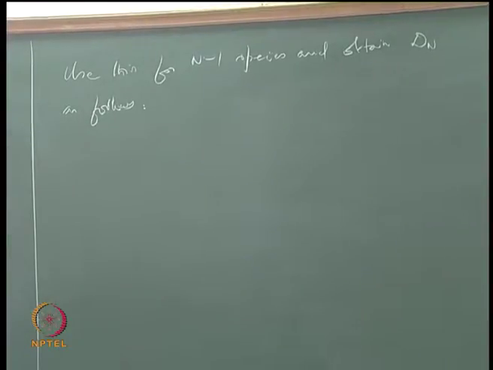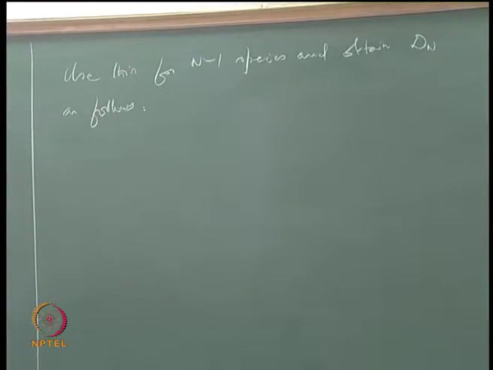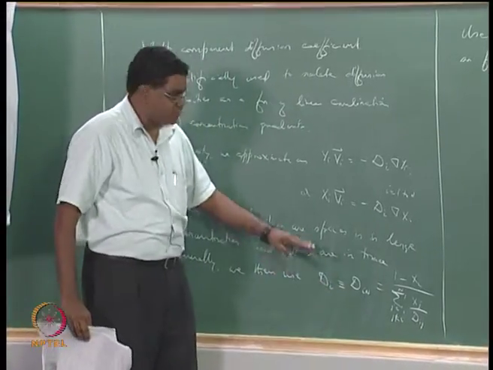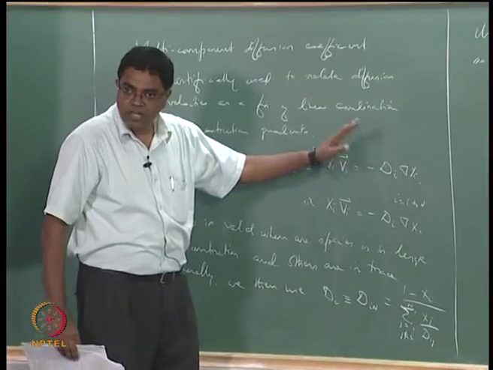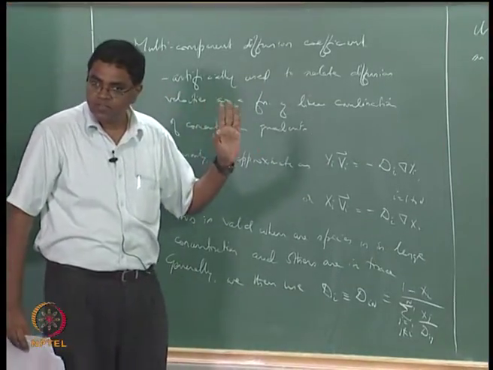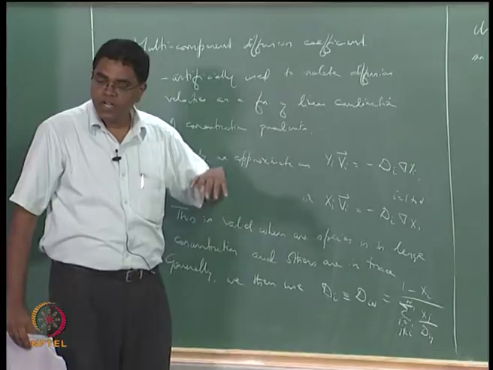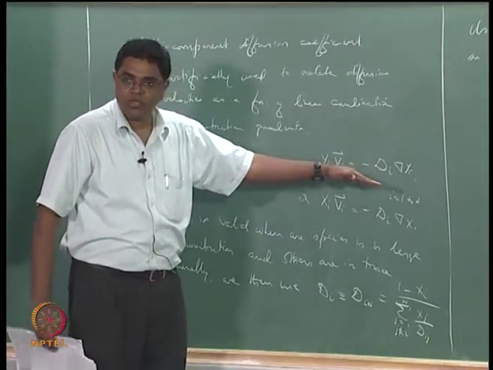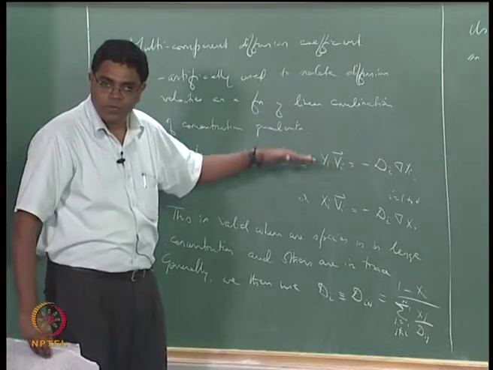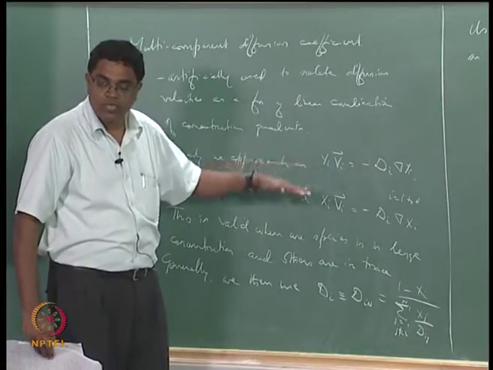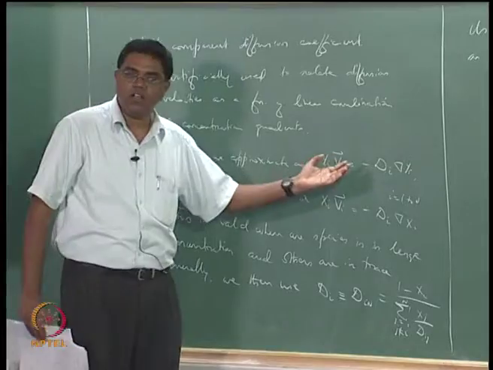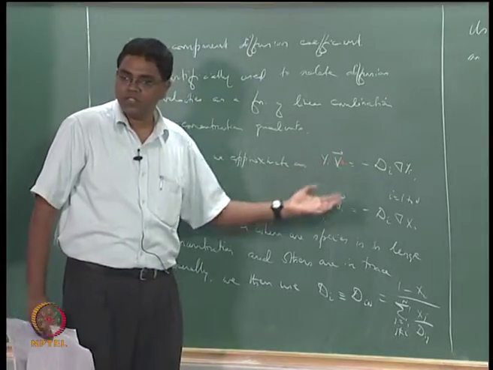The reason we can't use this for all the n species is that if you were to use this and plug it into your species conservation equations and add, strictly speaking we can't set the summation of all these diffusion mass fluxes to 0. So it sort of violates mass conservation.